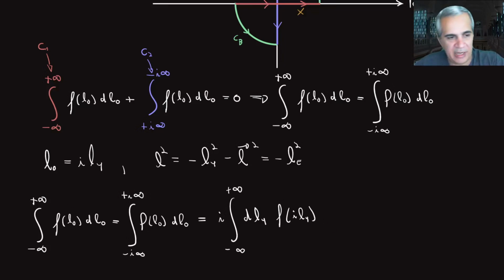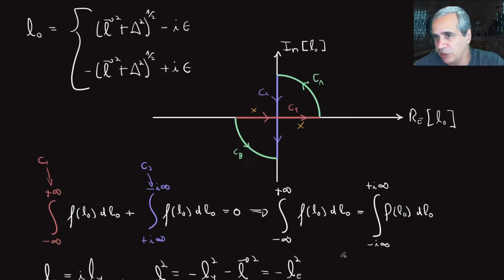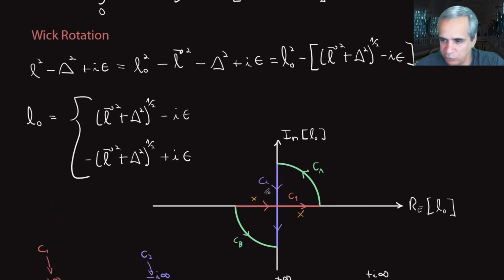There is one caveat that you have to be mindful of. The position of these two poles is only really where I have drawn them if this piece right here is positive. That means either delta squared is positive, or more generally, L squared plus delta squared is positive, and that's not always true.